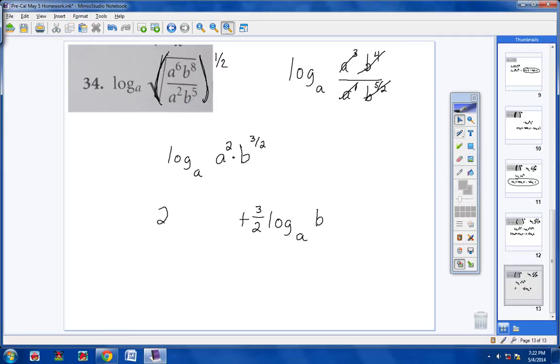So I really have 2 times 1, which is just 2. So what I really have is just 2 plus 3/2 logarithm base a of b. And I did just check that, and that is correct.